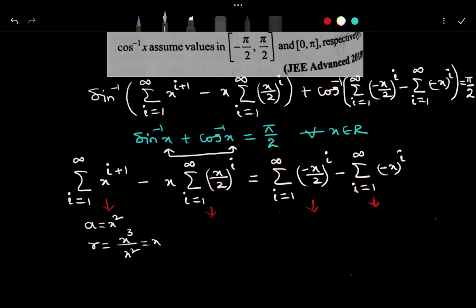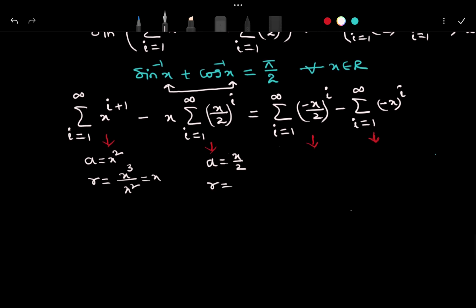In the next one, the first term a will be x by 2, and the common ratio r will also be x by 2.